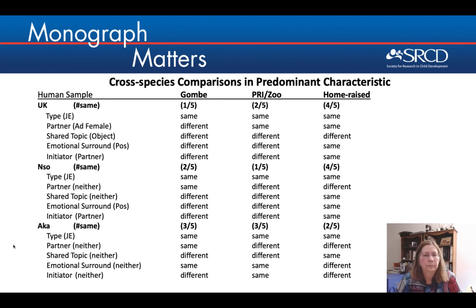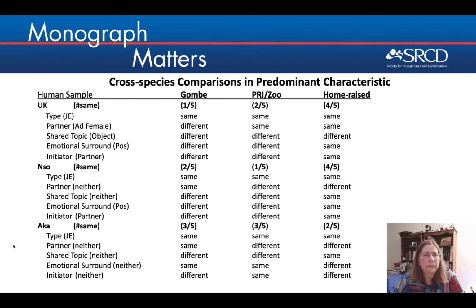To search for species differences in joint attention, we considered cross-species differences in each aspect of the 5 characteristics of joint engagement that we studied. Since we found that there was not a universal phenotype for humans, we needed to make comparisons with each human infant group separately. As you can see on the left-hand side, we've got our 3 samples.